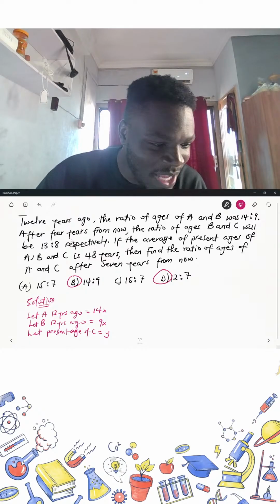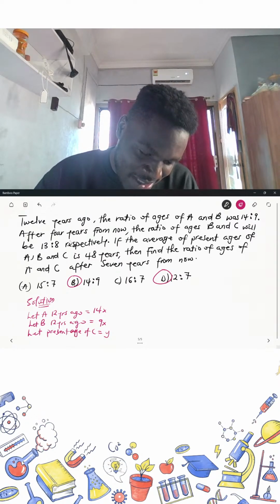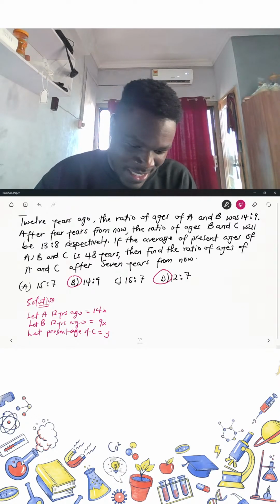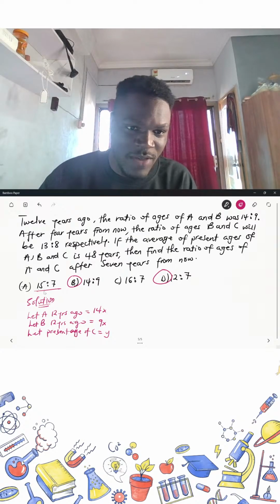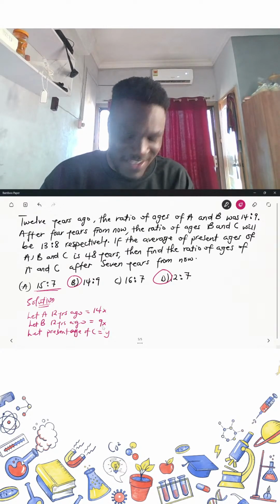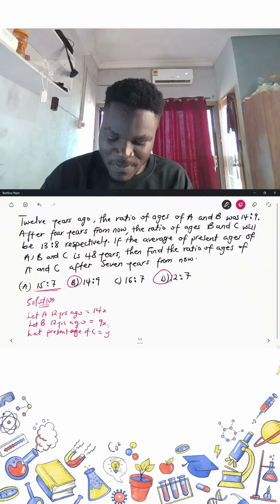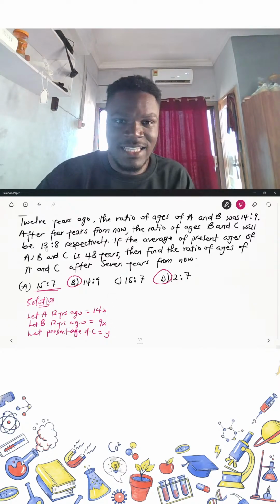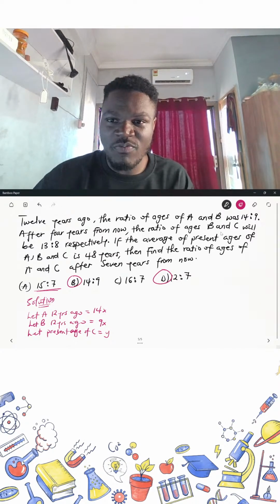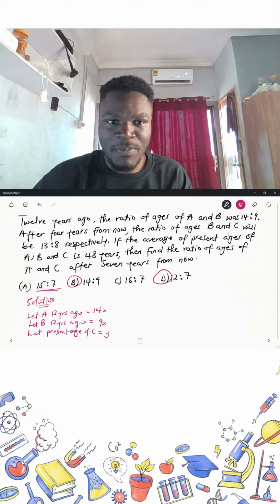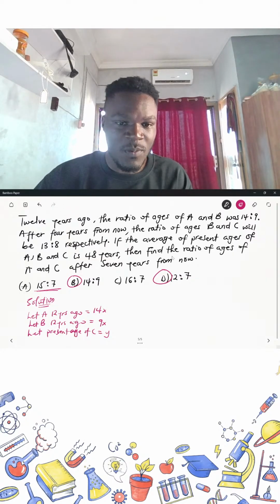So it said 14:9, and from what I have here, it is not correct. The correct answer is 15:7, and that is why I'm trying to give us the answer over there. Are you okay? So the second half of the question is saying the ratio of B to C, 4 years from now.